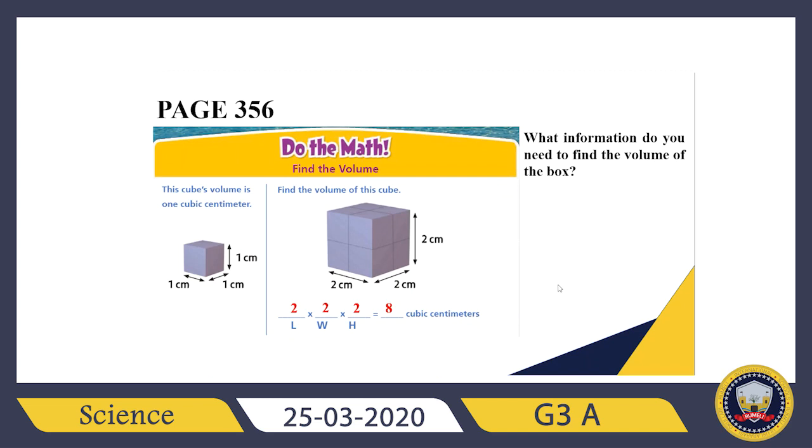Guys, the volume of the box can be found by multiplying length by width by height, right? So, how did I find it? Length, width and height. I multiplied 3 of them, and at the end of it I found 8 cubic centimeters.